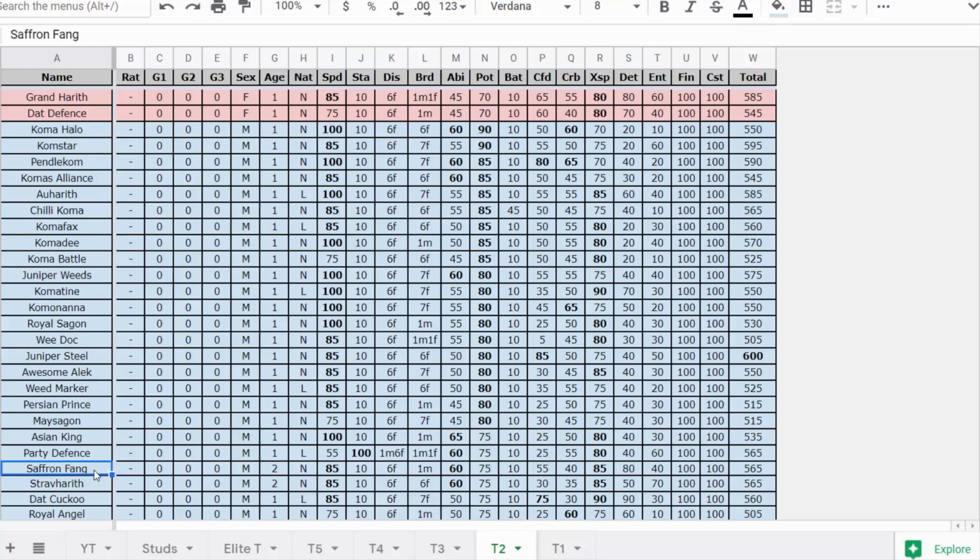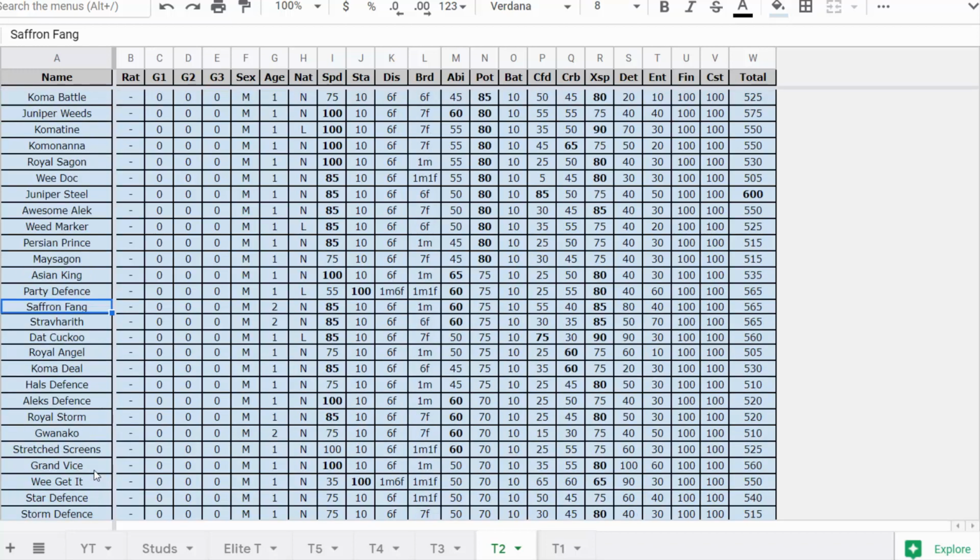That's the one that's exploded and developed over time. So what you're looking at from a young horse isn't necessarily what they're going to be. And Saffron Fang would not hit my very stringent rules for sort of paring down a horse.